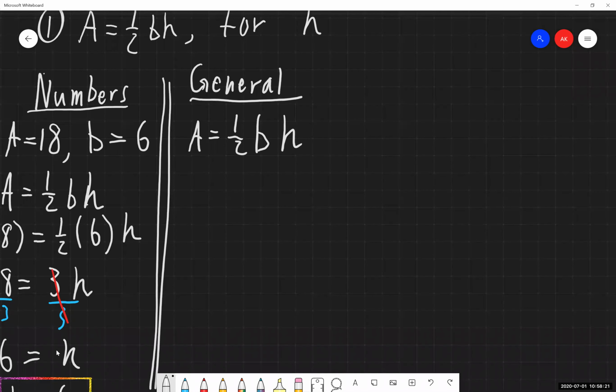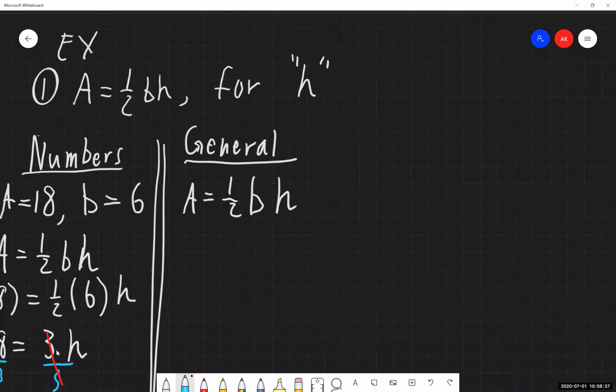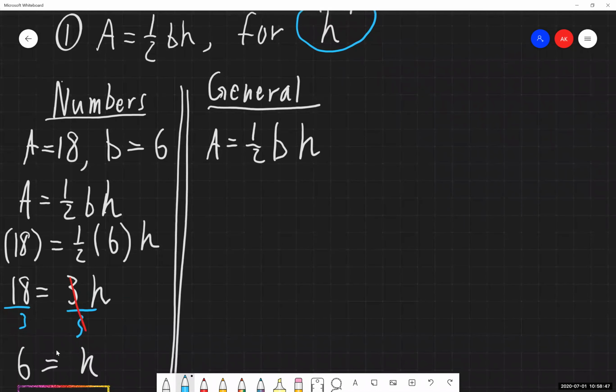We do not explicitly assign it a number, but we're just going to think of it as though it had some value attached to it. 2, 3, 5, 10, your two favorite numbers. And we're going to leave the H because that is the thing that we are solving for. So the H needs to stay. It's going to be left as a variable. But everything else, we're going to think of it as a number.